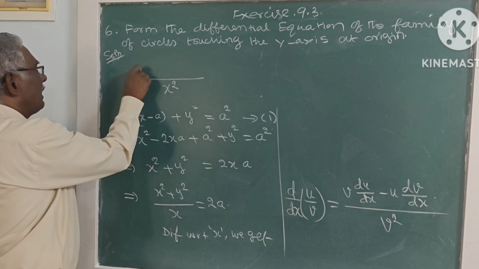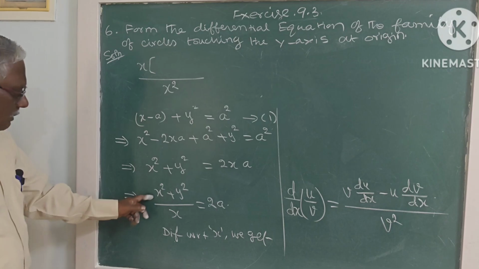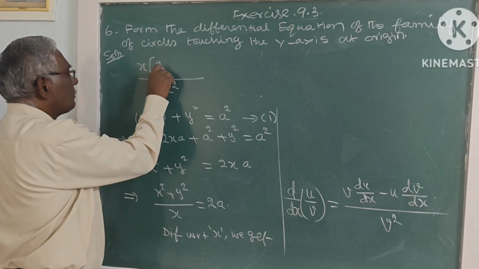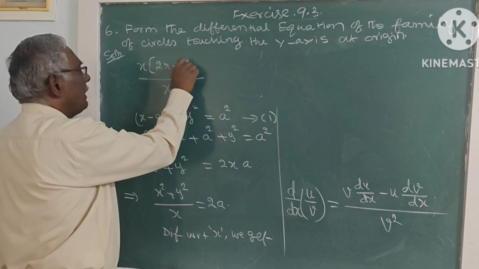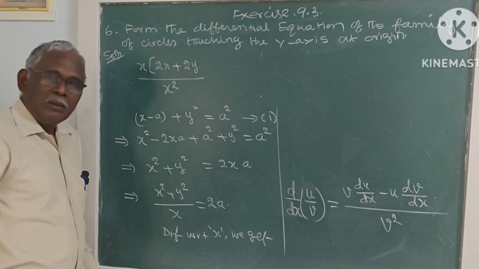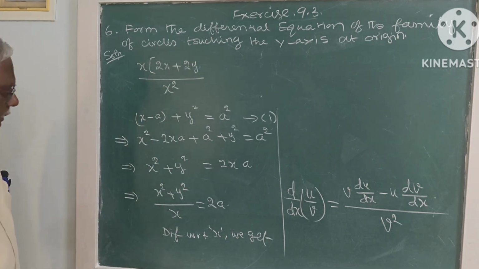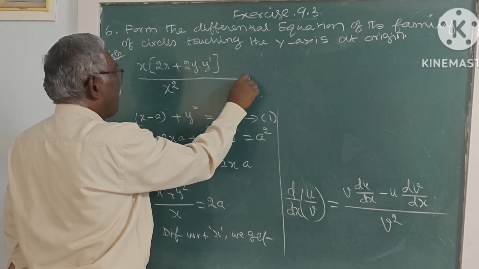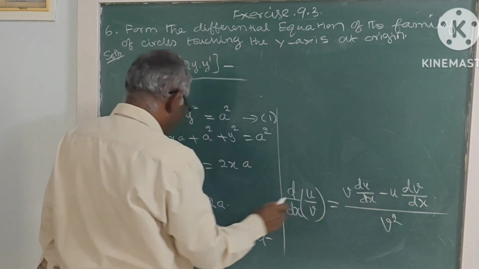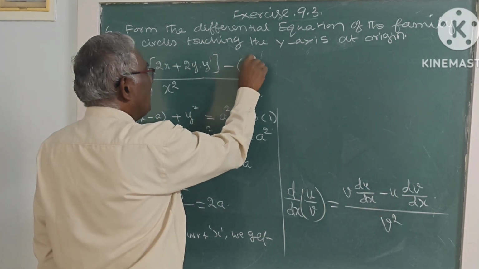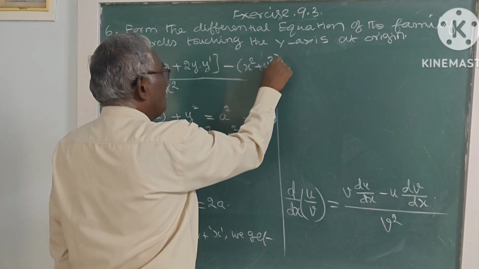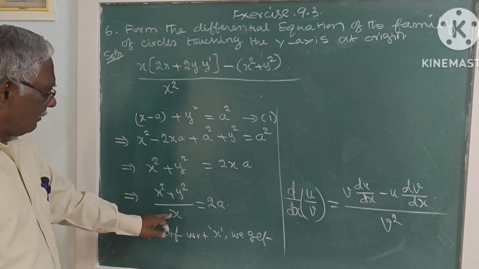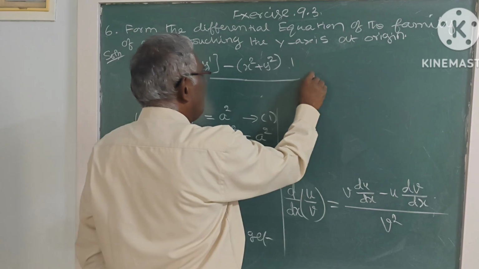For x square plus y square, we get 2x plus 2y into dy by dx, that is 2y into y dash, minus (x square plus y square) into, if we differentiate x, 1 will come, is equal to 0.